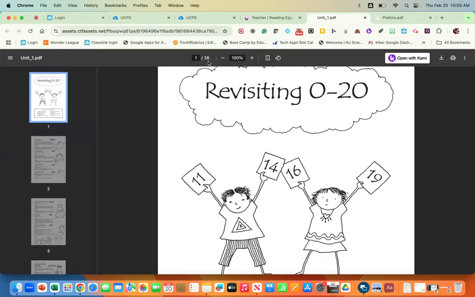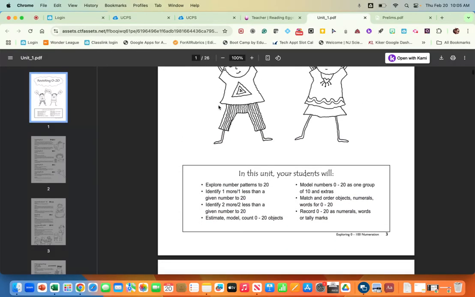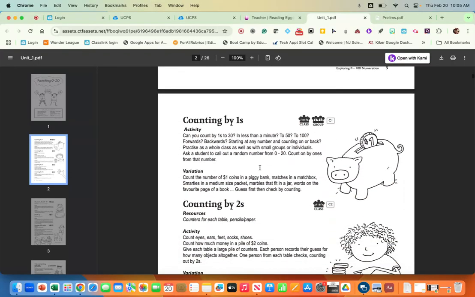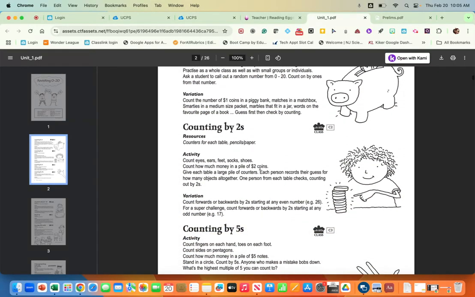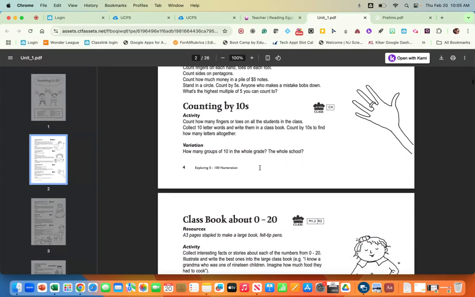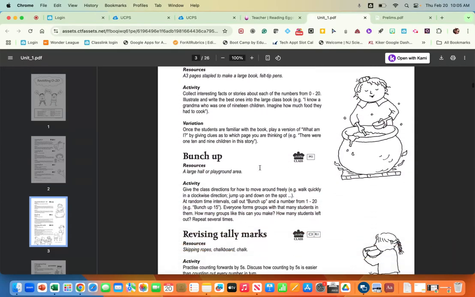Up here there are 26 pages to this PDF, which would include student worksheets and teacher lesson plans. The first page will explain to you the objectives of this unit. And then here are the teacher resources, activities that you can do with your class.